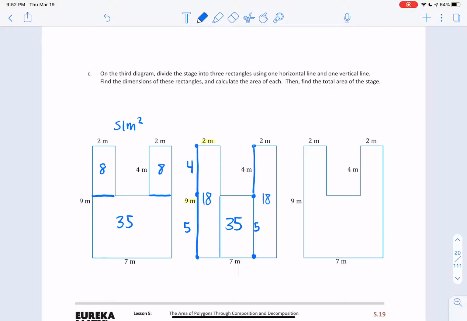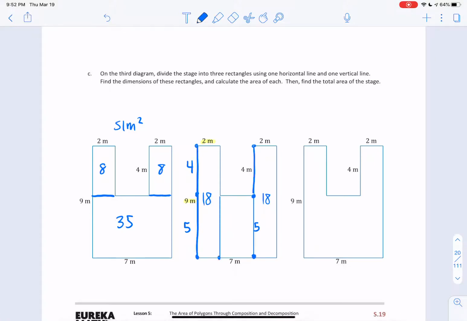Right? Actually, I have to catch myself here because it's not 35. What did I do wrong? Let's see if you can figure out what I did wrong. All right, so what I did here is I used the 7 and multiplied it by 5. And I know that's wrong. It's not 7 because the whole length is not 7.